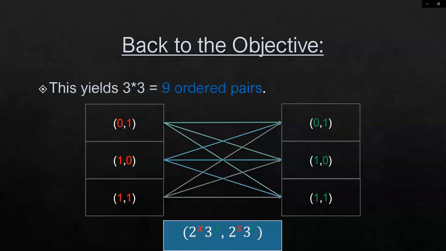And that gives us 9 ordered pairs. That is the idea of this method. Why 9? Why the product? Because if I have one choice for this one, then if I want to put them together, I can do this in 3 pairs. So I can create all of these.